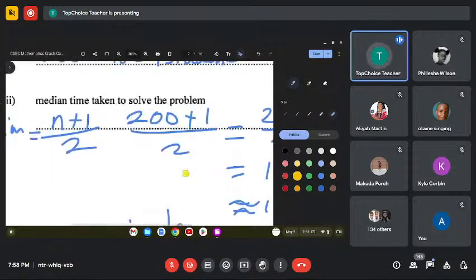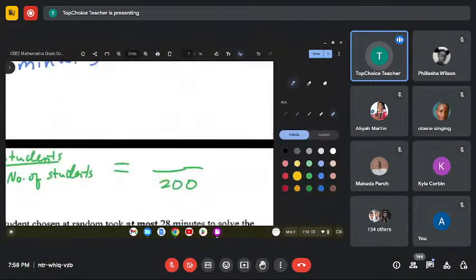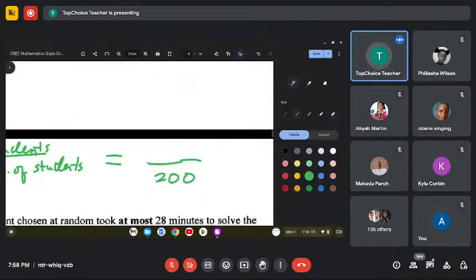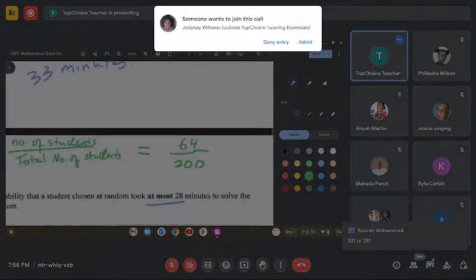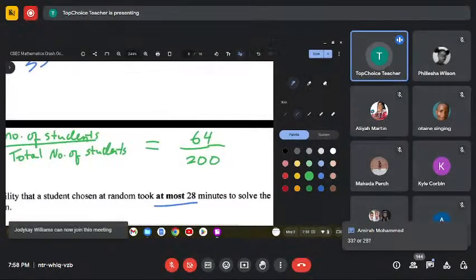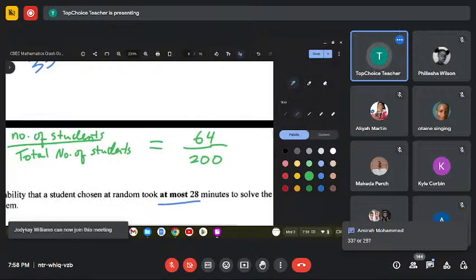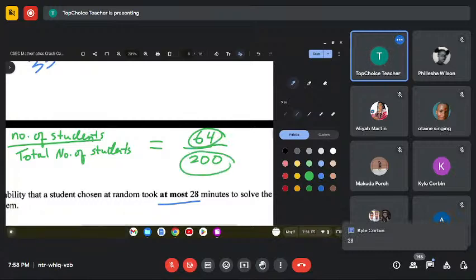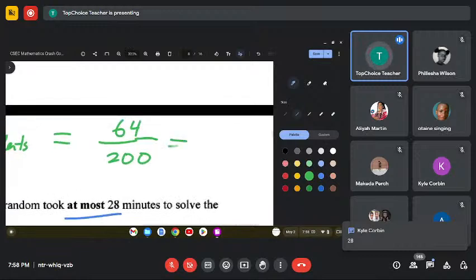So that is the actual number we are going to put in our numerator for this question. 64. So the probability that a student chosen at random would have finished the exam in 33 minutes is the number of students who finished at 33 minutes over the total number of students. So what is 64 over 200 working out to be?